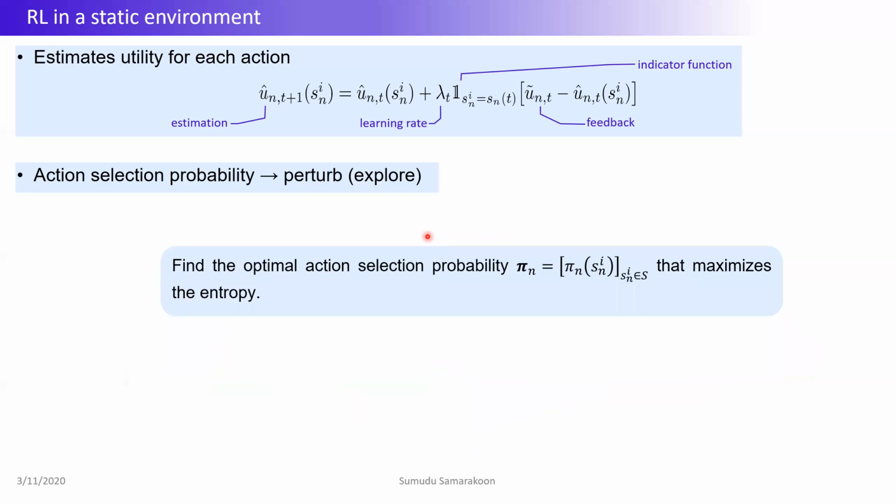Now, if you think about a different approach to selecting this action, another option is to randomize over these two choices. Here, we try to find the optimal action selection probability that maximizes an entropy term. Why? Because maximizing entropy usually results in equal probability over a set of choices.